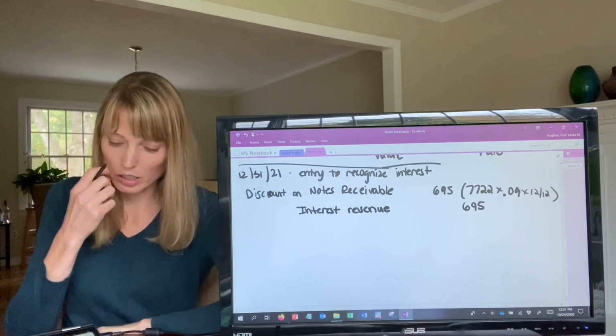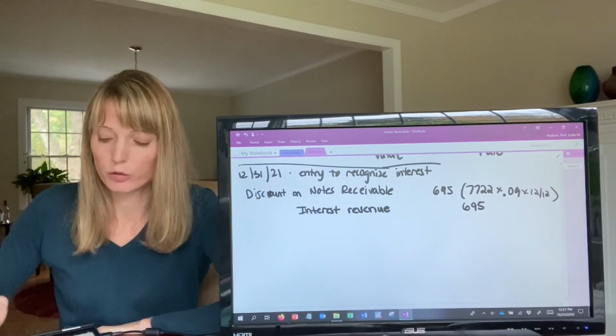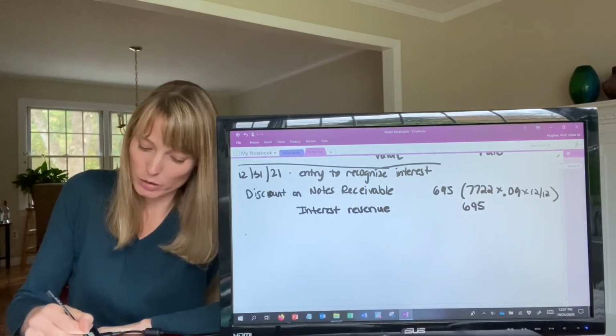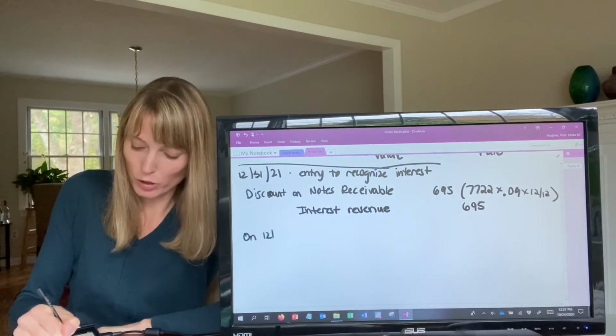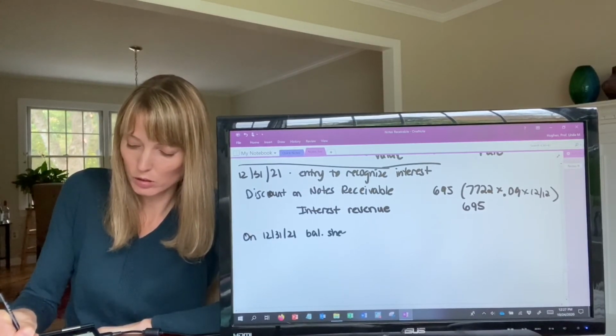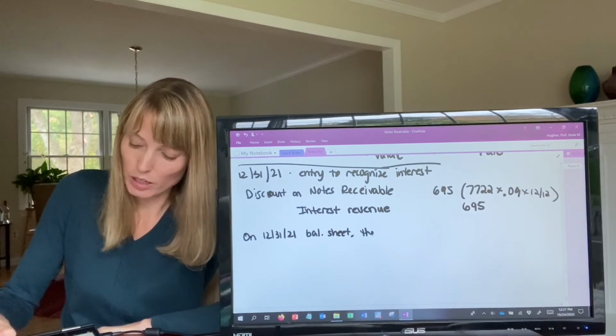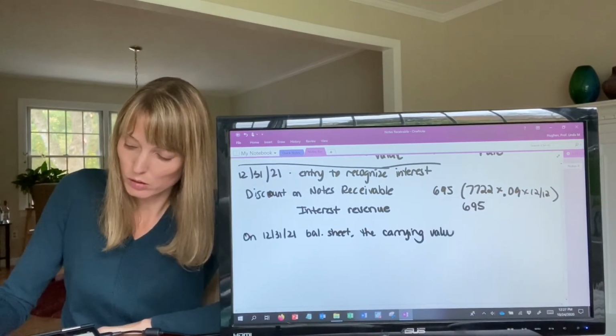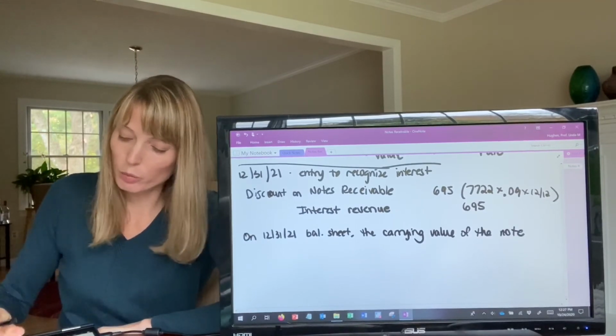The next thing to think about is what the balance sheet would report for the carrying value of the note. So the carrying value on the 12/31/21 balance sheet, the carrying value of the note, well, what did we do?